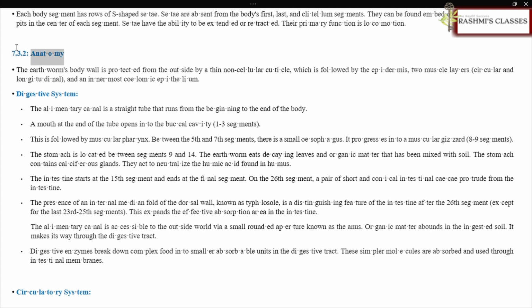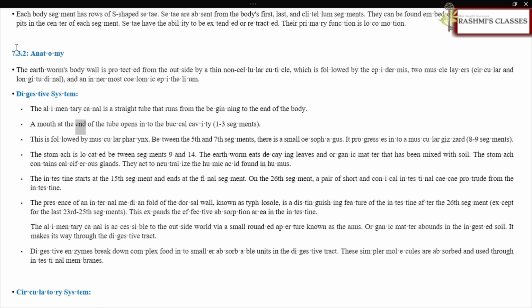7.3.2 Anatomy. The earthworm's body wall is protected from the outside by a thin noncellular cuticle, which is followed by the epidermis, 2 muscle layers, circular and longitudinal, and an innermost coelomic epithelium. Digestive system. The alimentary canal is a straight tube that runs from the beginning to the end of the body.